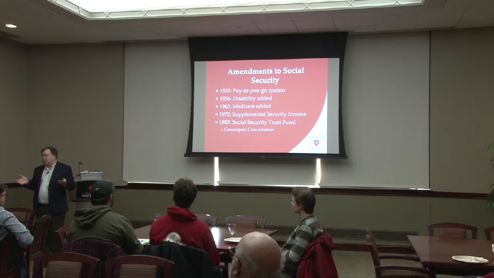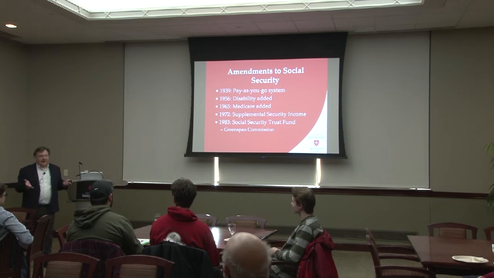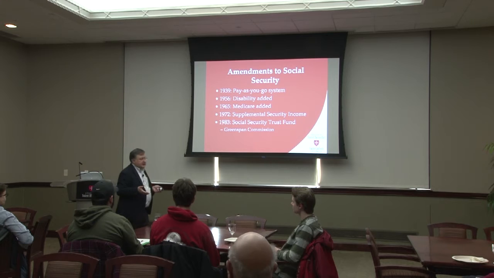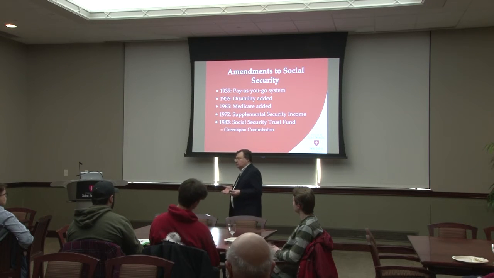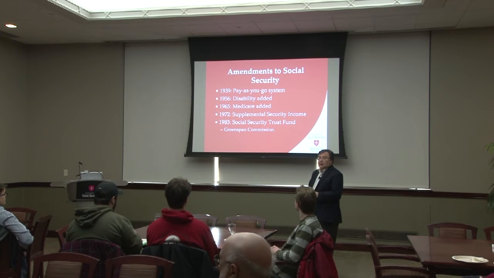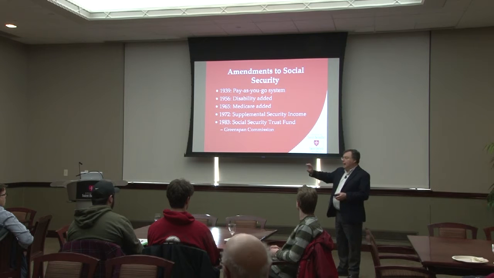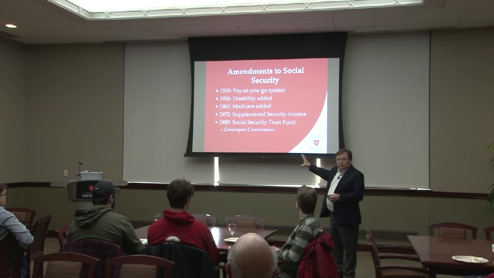We're called baby boomers. There were lots of us, an awful lot of people born in that time period. Well, in the 1970s, it became clear to the actuaries of the Social Security system, and pretty much anybody who paid attention to Social Security, that the amount of taxes we were collecting was not going to cover the amount of payments that were going to be needed for baby boomers.